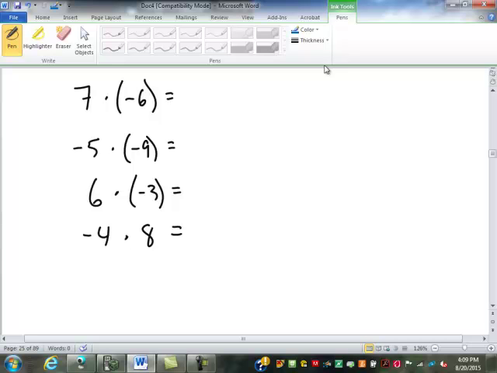So first we're going to do that. For the first one, positive or negative? Negative. And now it's just 7 times 6, which is 42. So negative 42.